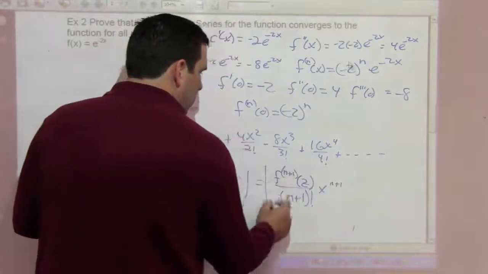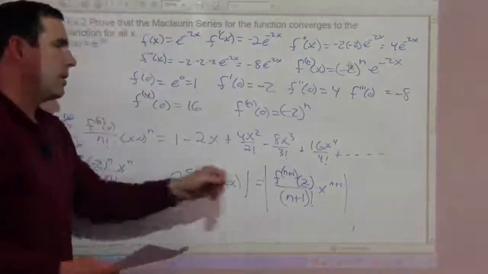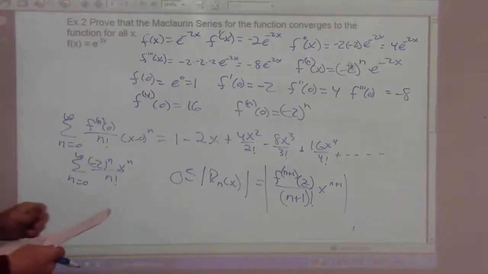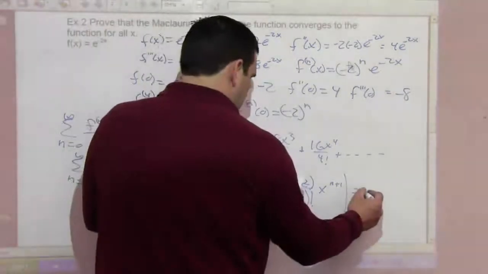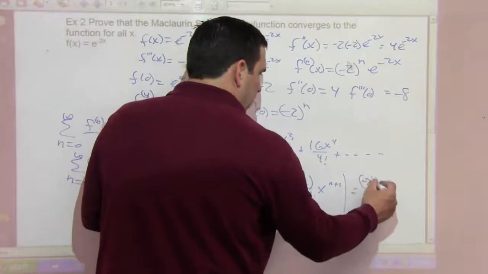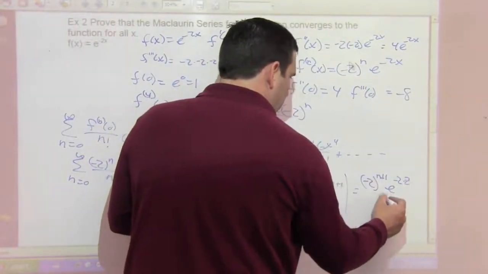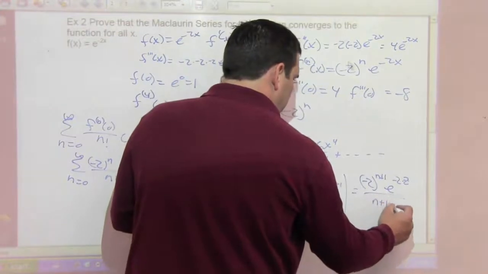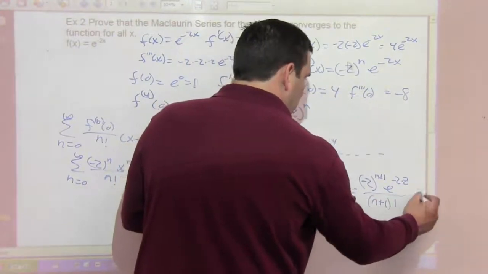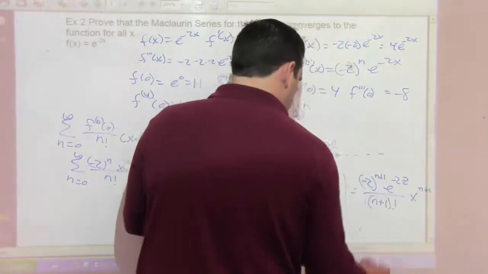So you may recall this from section 9.7. That's going to be negative 2 to the n plus 1 e to the negative 2 times z over n plus 1 factorial x to the n plus 1.